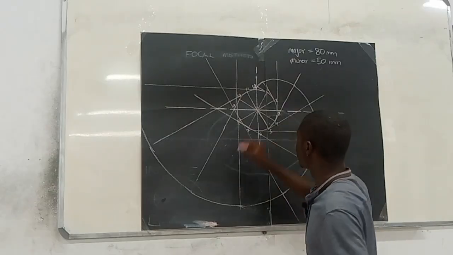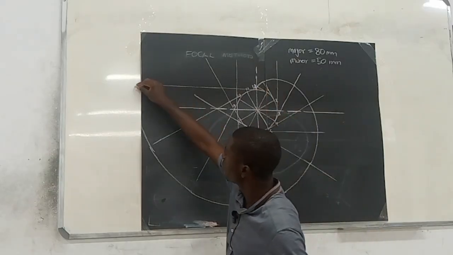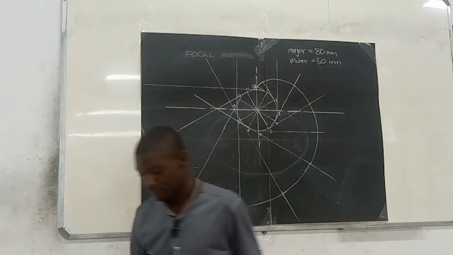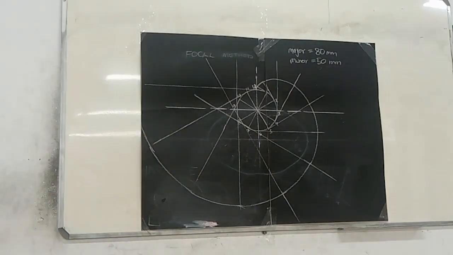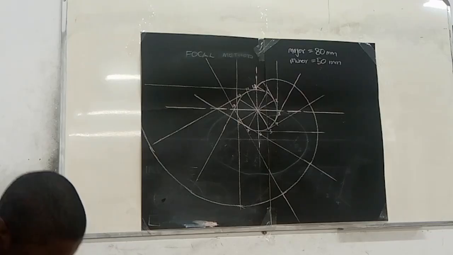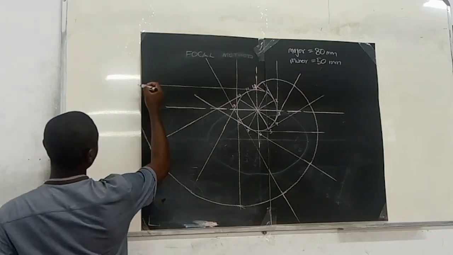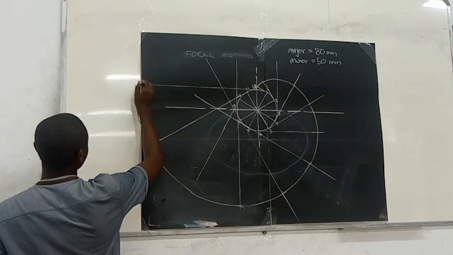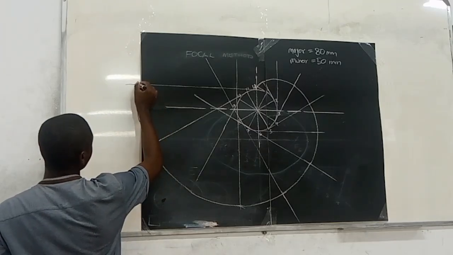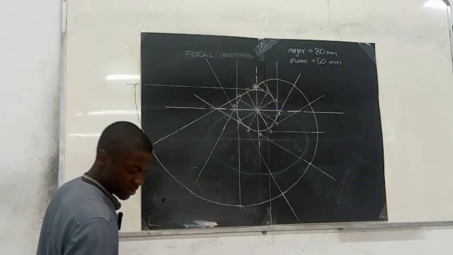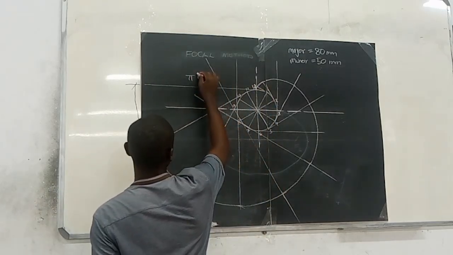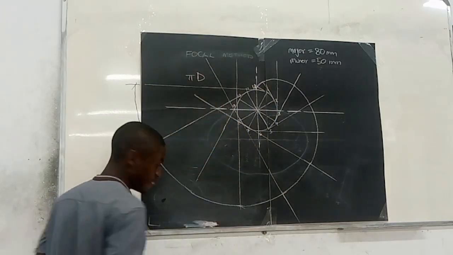So now the distance from here to that imaginary point that will be here, the point is somewhere here. So the distance from here to here is supposed to be theoretically pi d.